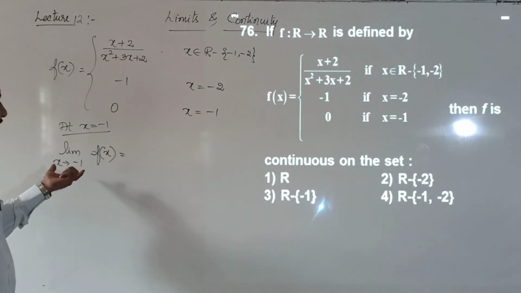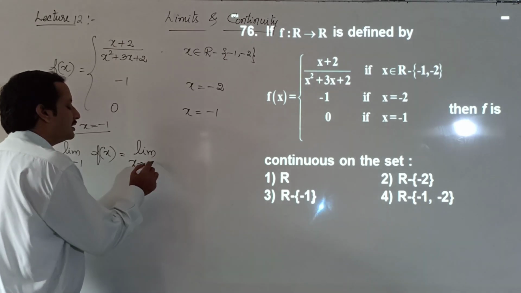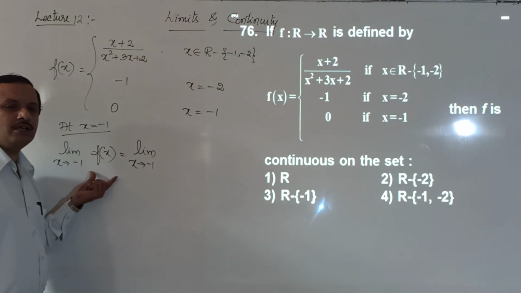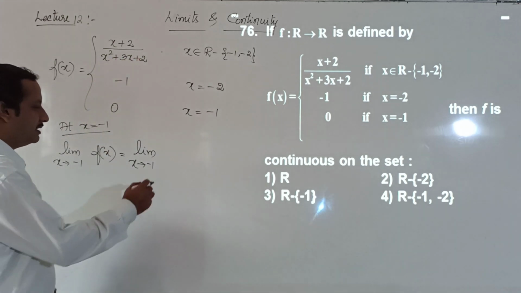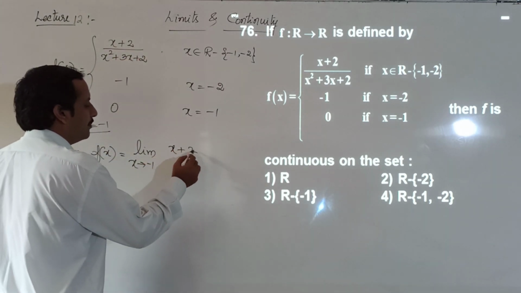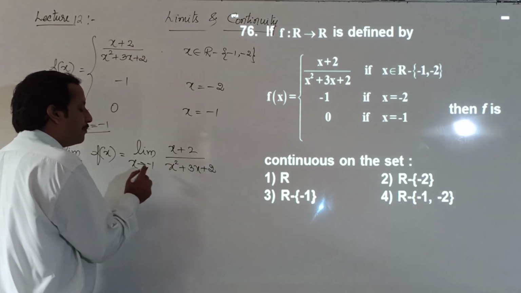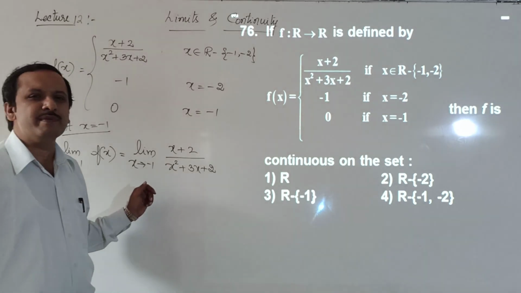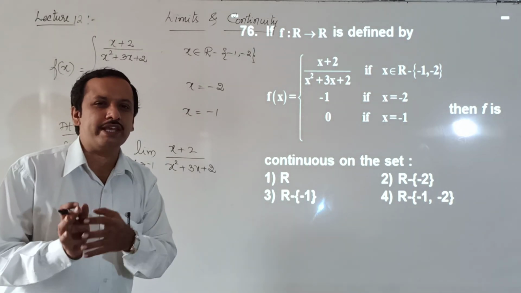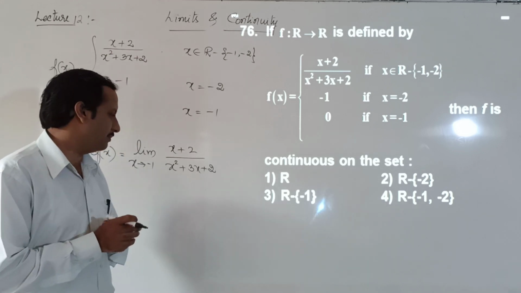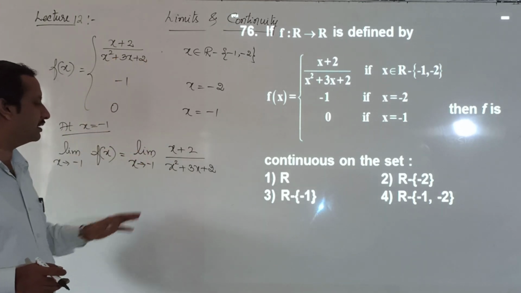So when I write limit x approaches -1 of f of x, we should write this function (x + 2) by (x square + 3x + 2), because when I say x is approaching -1, its meaning is x is coming closer and closer to -1, not equal to -1. It's very close to -1, right? So there at -1 only it is defined as 0, everywhere else it is defined like this.